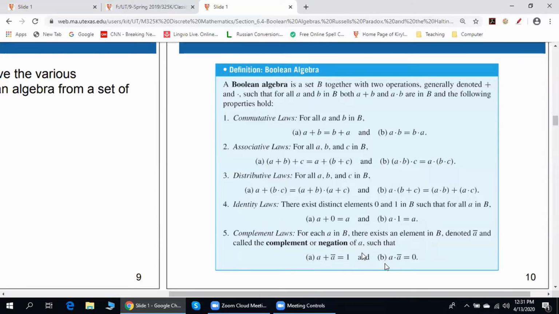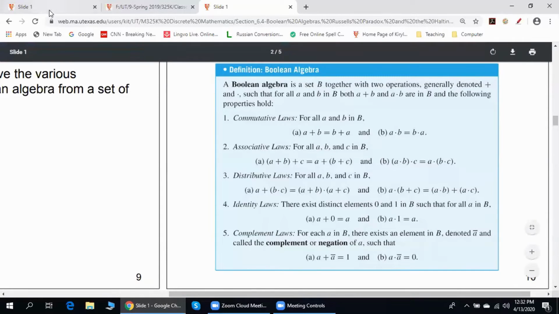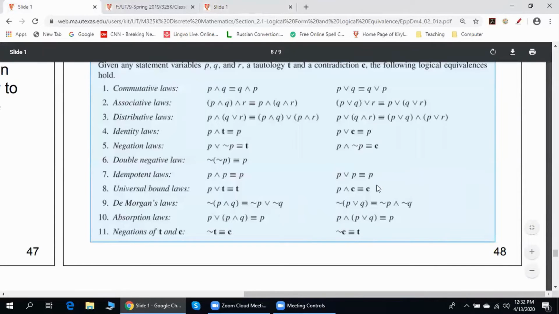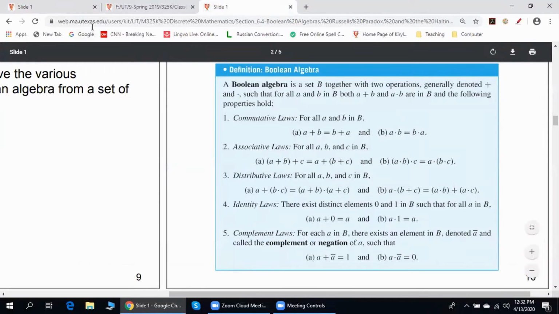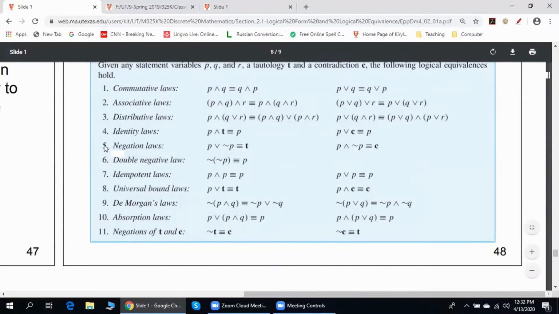Talking about 5B, that would be P and negation P is equivalent to contradiction. It's exactly what we have here. Negation laws. So once again, 5 here is equivalent to 5 here. P or negation of P is equivalent to tautology. P and negation of P is equivalent to contradiction.